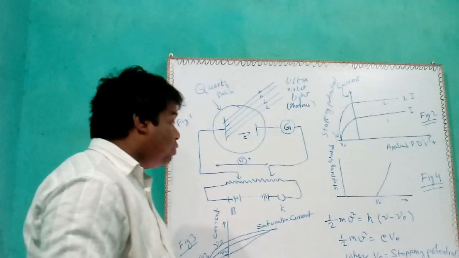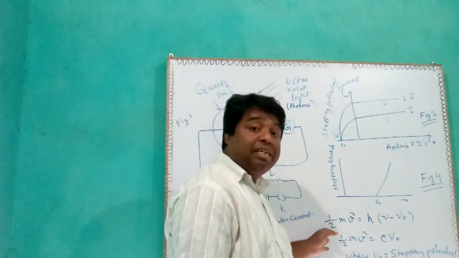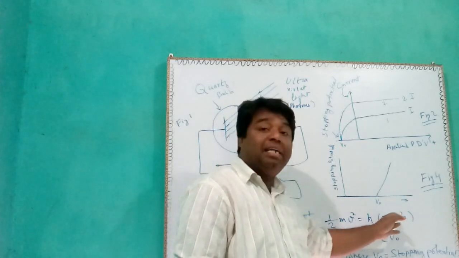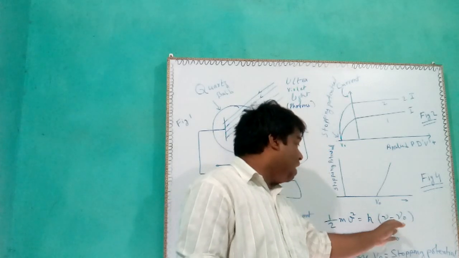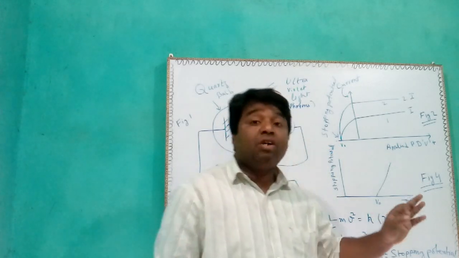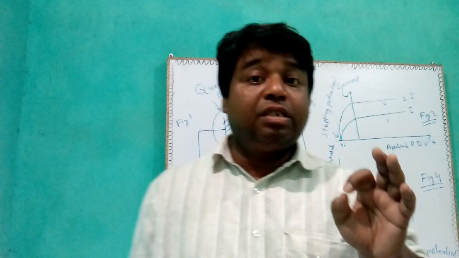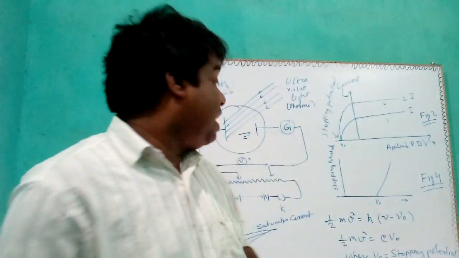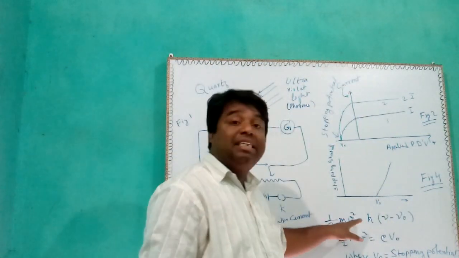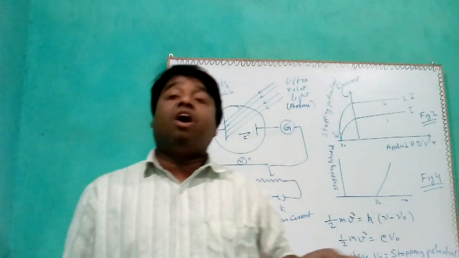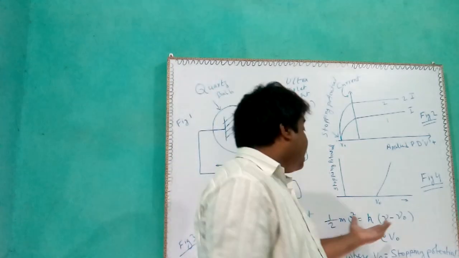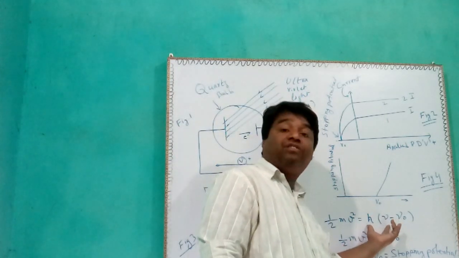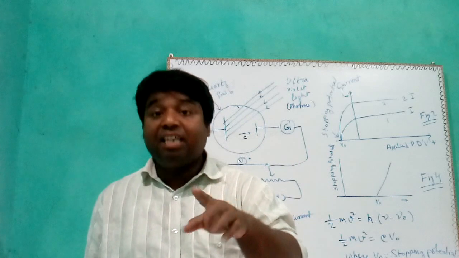So, Einstein explained it using the formula half mv square is equal to h nu minus h nu dash, where h nu dash is the energy of the photons which will just liberate the electron, half mv square is the kinetic energy of the ejected electron, and h nu is the energy of the incident photons.